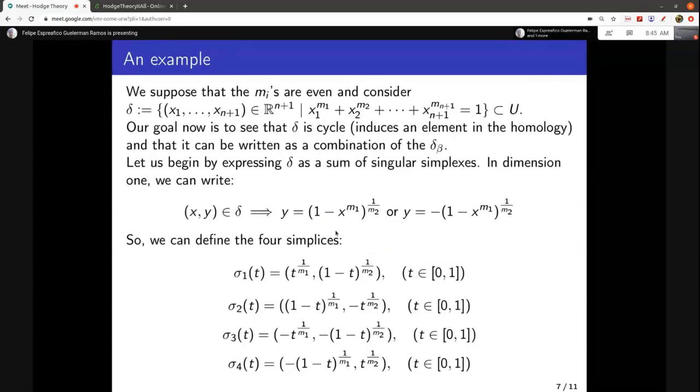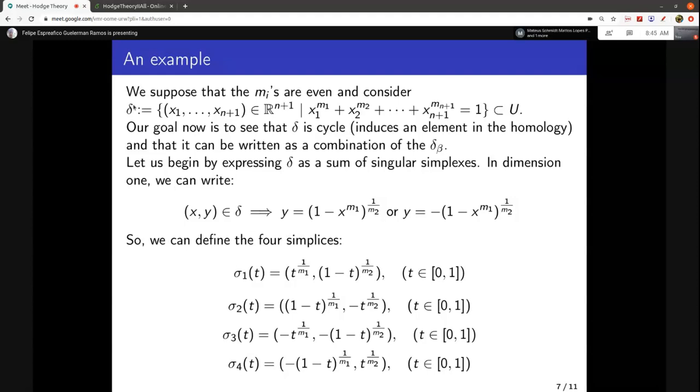Okay, so this argument is the same. Now we are going to give an example of why these cycles are important, and we are going to try to explain why they are important.